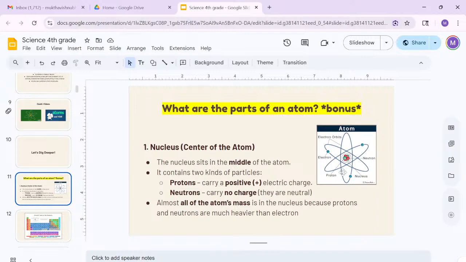And an atom's mass, how much it weighs, stays the same wherever you are in the world. The atom's mass equals the protons plus the neutrons.